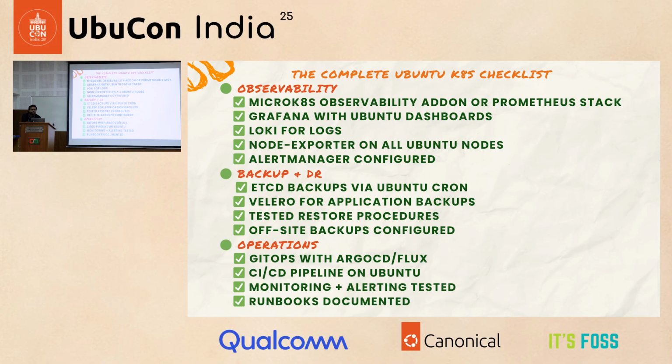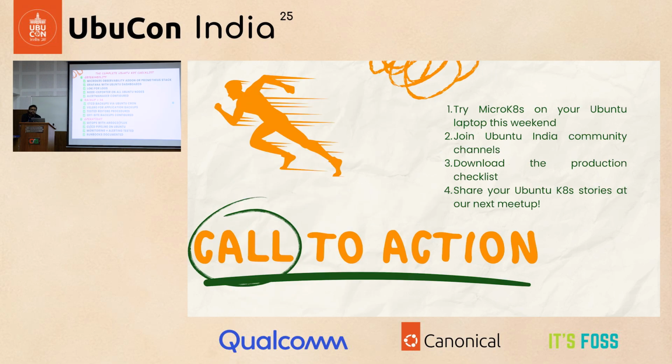You have to check what is happening all the time: the logs are getting collected and properly backed up, you are searching on them, and you are getting alerts if something goes wrong. Then backup and recovery, to avoid situations where your application is down because of someone else's downtime. And lastly, if you want CI/CD operations, that can also be done in a very fast way. So yeah, that's from my side.